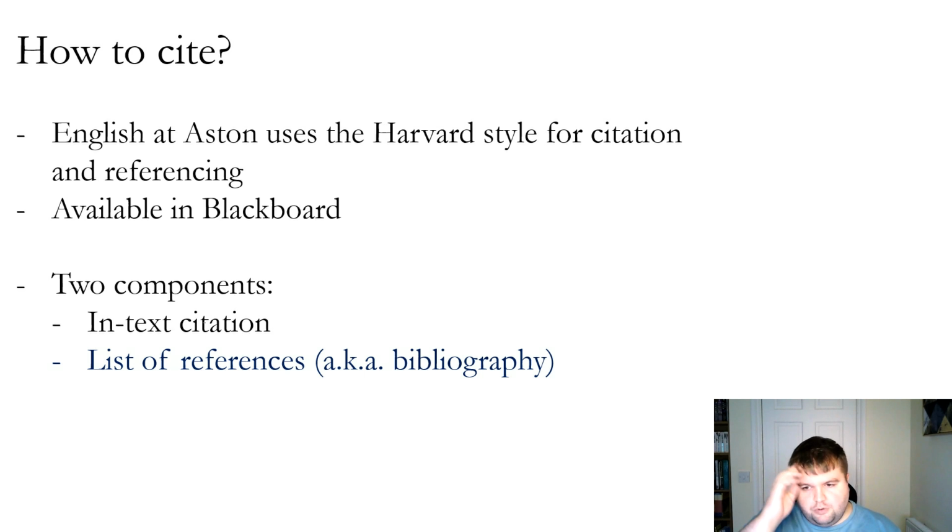Now you'll have probably heard of the term bibliography as well. The reference list and the term bibliography are often used interchangeably. They do actually mean different things, and this can sometimes be confusing for students. A bibliography is typically a list of any sources or readings which may be relevant to the topic of the writing, but they might not have actually been referred to explicitly in the text.